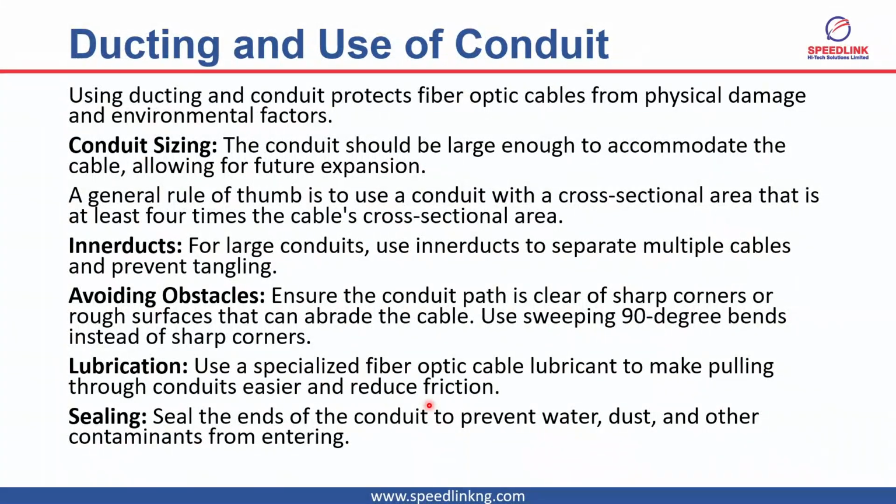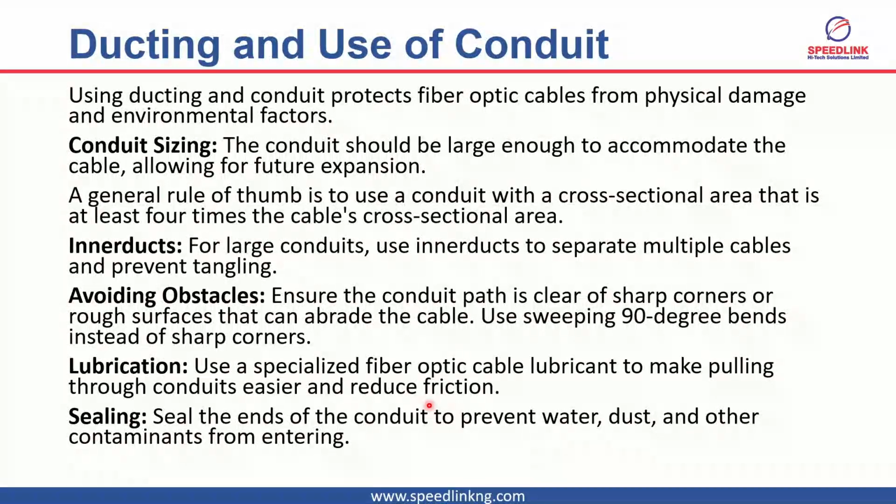Next one is we avoid what? Obstacles. We ensure that the conduit path is clear of sharp corners. That sharp corners that we're talking about should not even go beyond our bend radius, isn't it? So that it does not affect whatever is passing inside it. So the key word there is use a sweeping 90-degree bend instead of what?